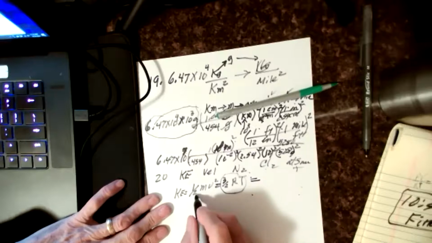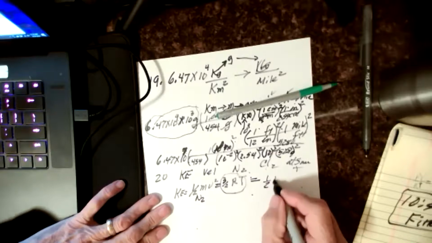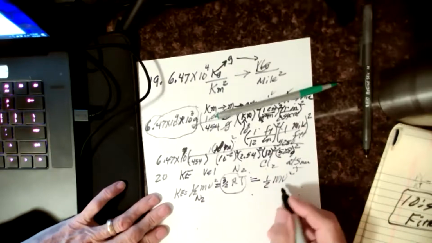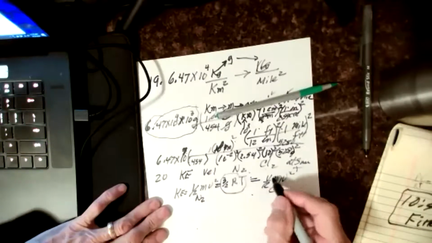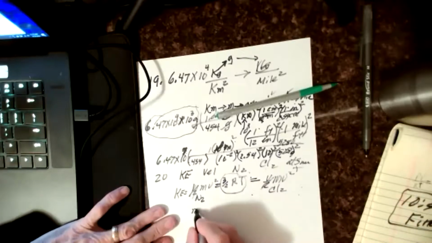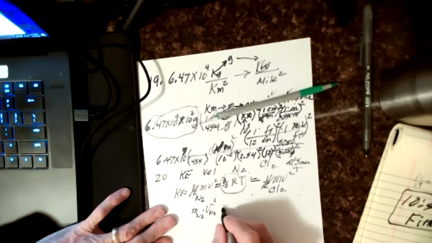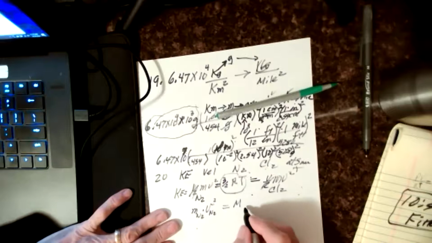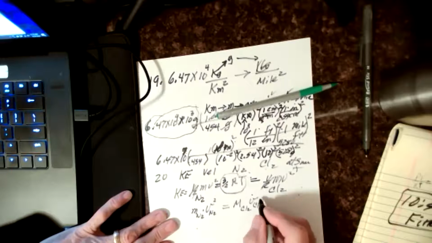But since these are the same, if I do this for nitrogen, and I do the same thing, 1/2 mv squared for chlorine, then this has to equal this. The 1/2 will cancel out. So the m of nitrogen times the velocity of nitrogen squared will be equal to the mass of the chlorine times the velocity of the chlorine squared.